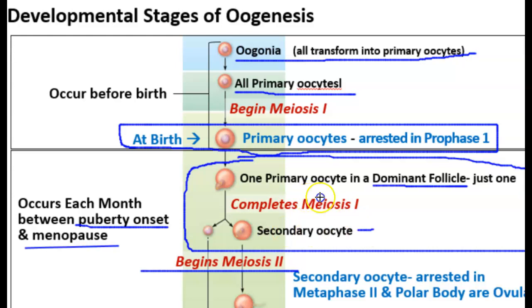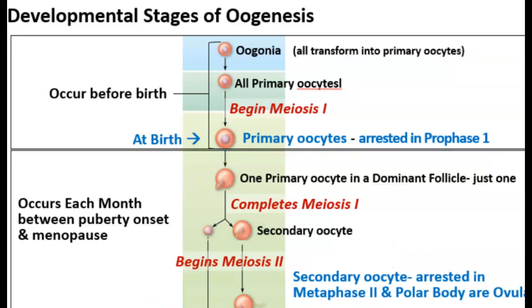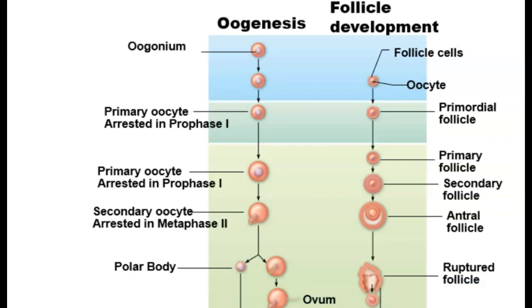The secondary oocyte is actually arrested in metaphase 2. Then when the sperm comes along, now we actually get meiosis 2 completing. And so you'll get one ovum and another polar body, but the polar body that already existed will divide into 2. So the bottom line is you get 3 polar bodies and one functional ovum that contains the sperm nucleus.